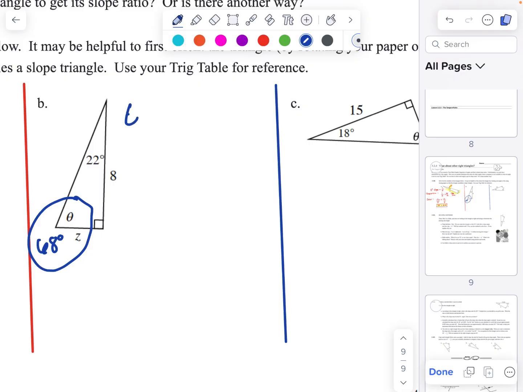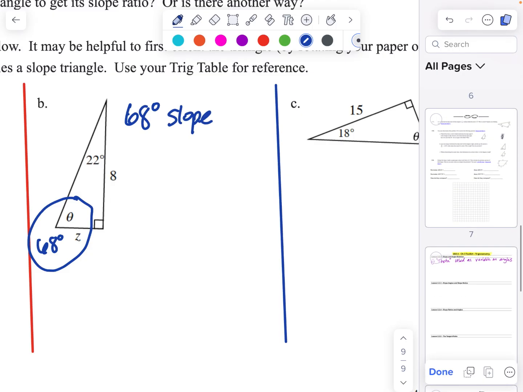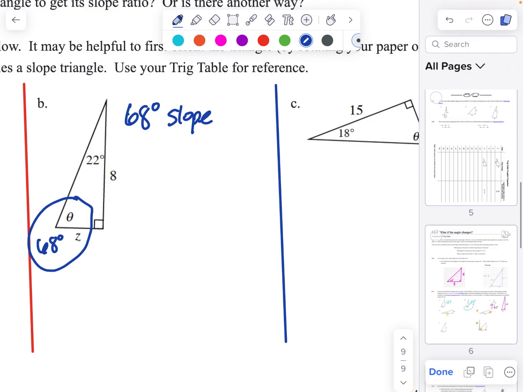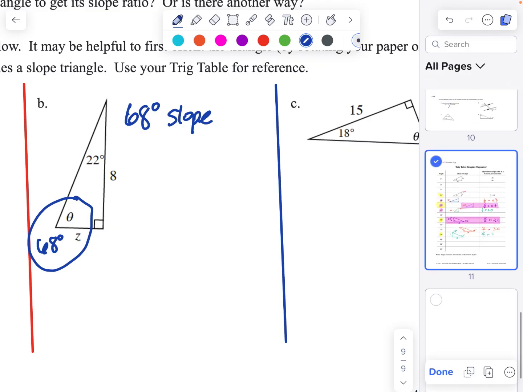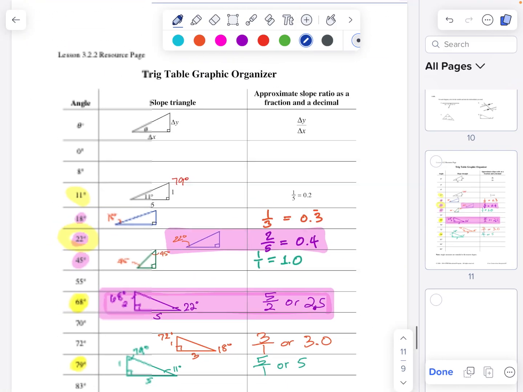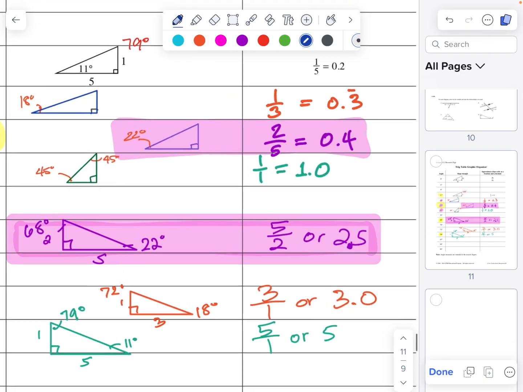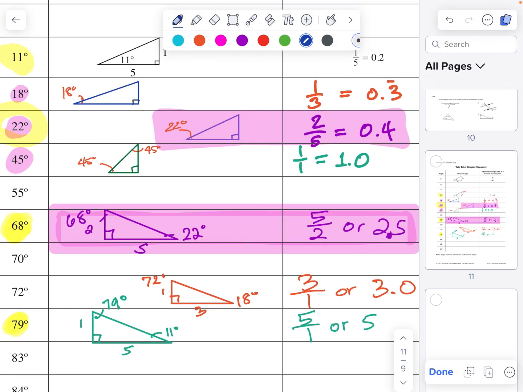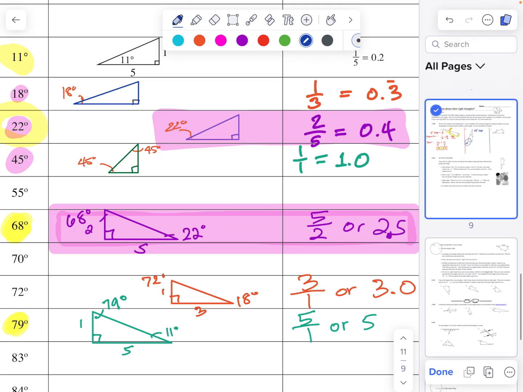I'm going to try to find the slope for a 68-degree angle, so I'm going to go back to my table, which is here. Okay, good, I do. 68 degrees is 5/2, or 2.5. I could really do either one. I'm going to stick with 5/2.